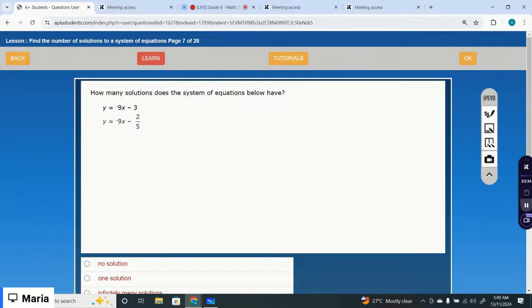How many solutions does the system of equations have? Y equals 9x minus 3 and y equals negative 9x minus 2 over 5.